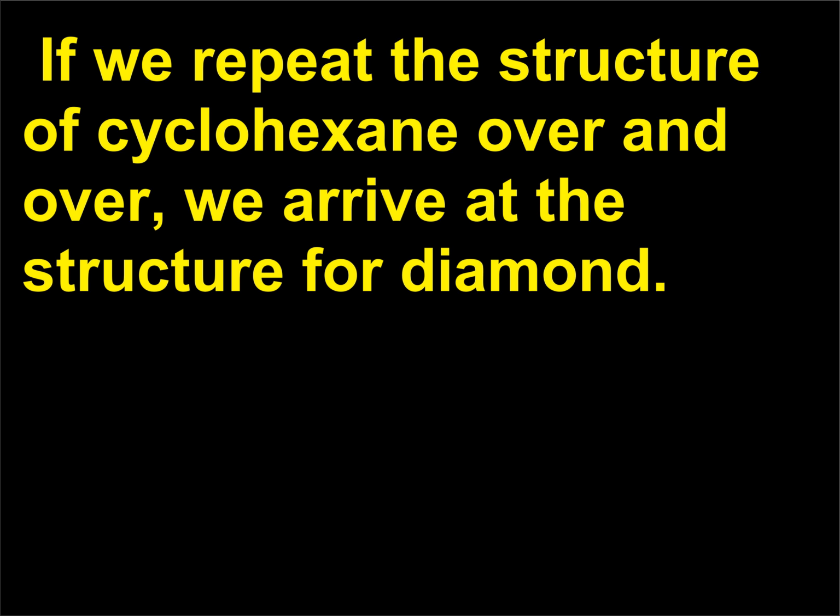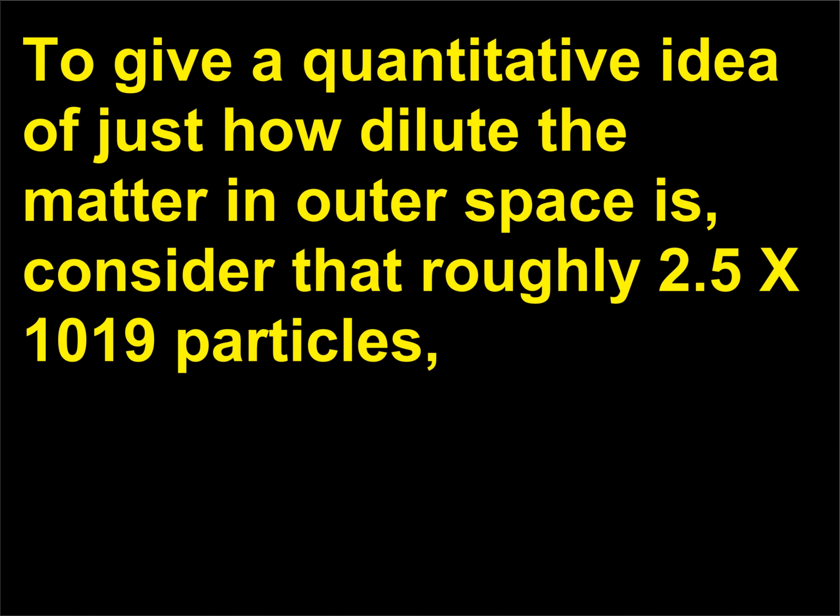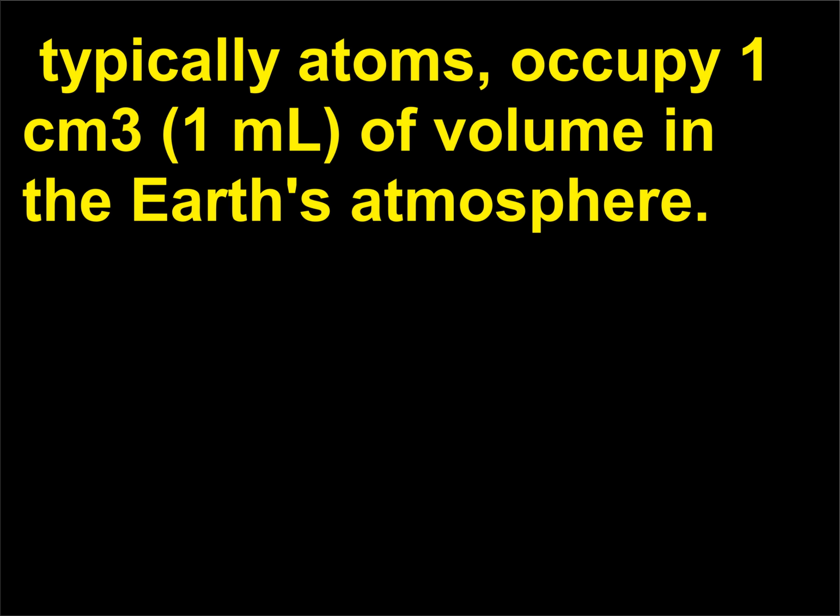How does the density of matter in outer space compare with that in Earth's atmosphere? To give a quantitative idea of just how dilute the matter in outer space is, consider that roughly 2.5 x 10^19 particles, typically atoms, occupy 1 cubic centimeter, 1 ml, of volume in the Earth's atmosphere.